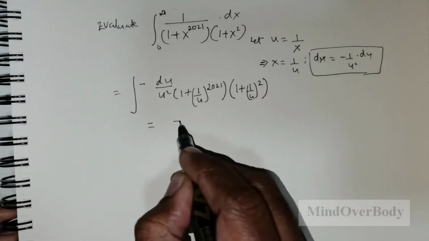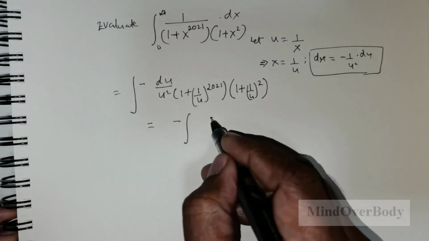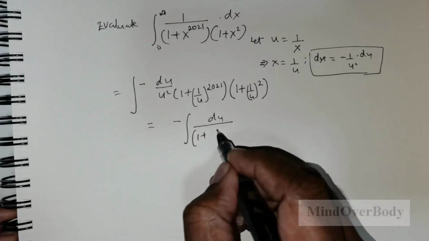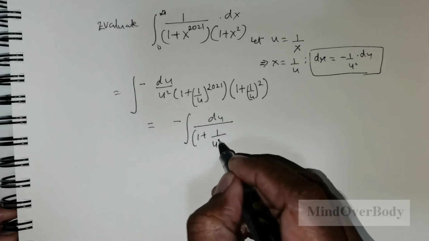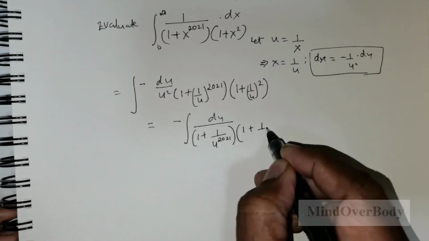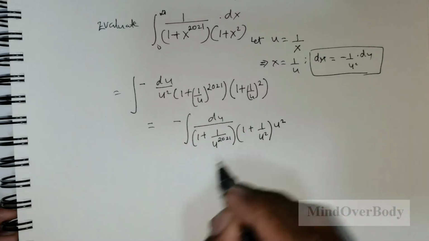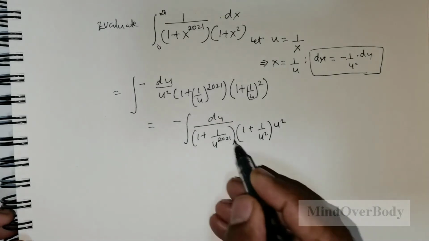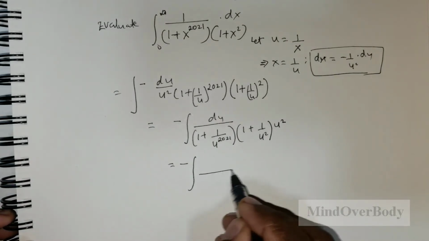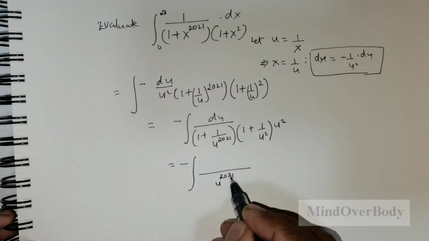Now, rewriting this as negative integral du divided by (1 + 1/u^2021) times (1 + 1/u^2), times, I place this u squared there. Now I can simplify this by taking the LCM as u^2021.